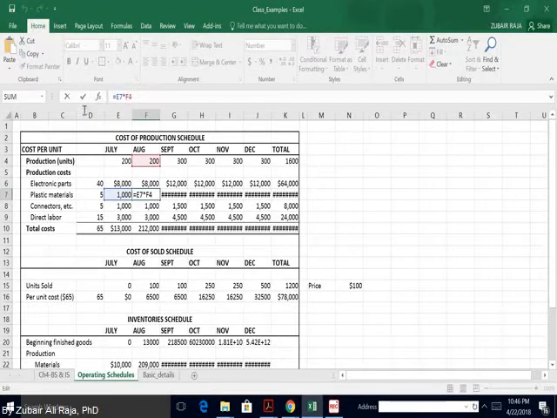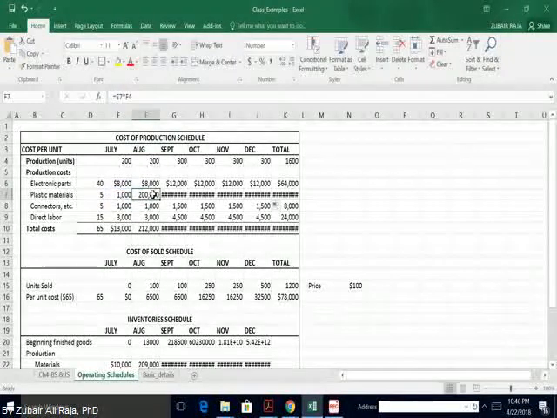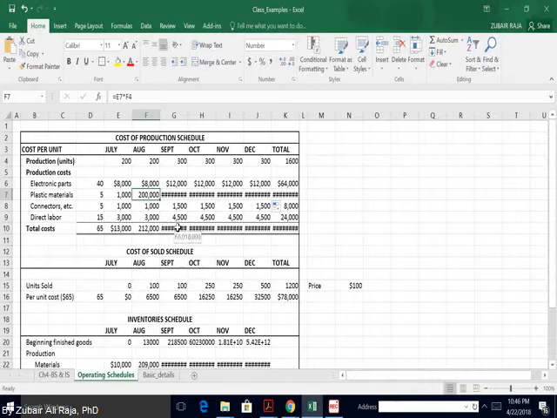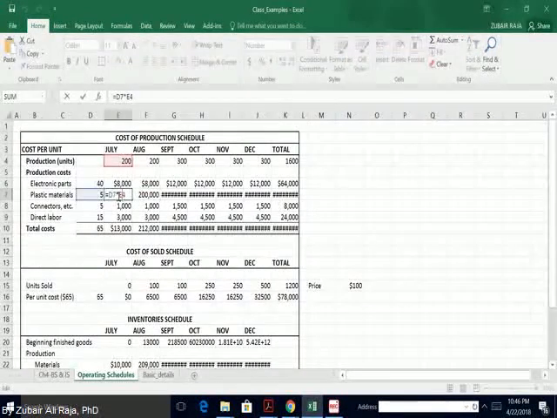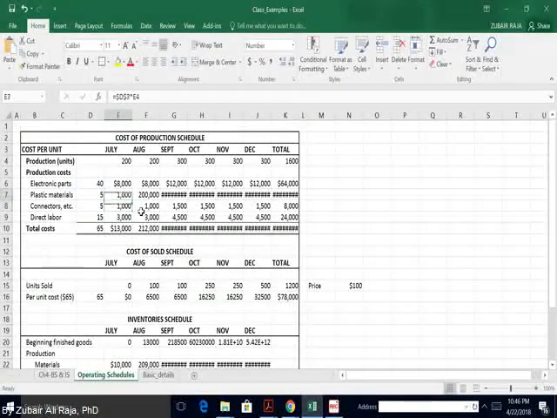I wanted this 200 to be multiplied by 5 in order to find the cost of plastic material I have incurred in the month of August. If you multiply 200 with 5 it should be 1000 over here, but it is 200,000, which is totally wrong. So the only way to fix it is by putting the dollar sign before D and then before 7, this is going to make this 5 static.